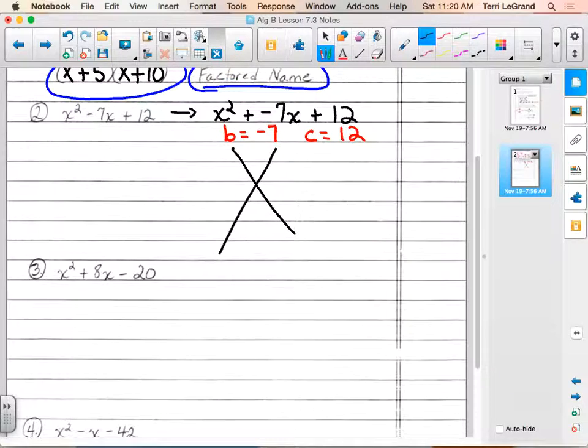And in our diamond, we put the c value up the top, we put the b value at the bottom, and we are looking for numbers that will multiply to be that c, and they have to add up to be that b value. So we're looking for what pair of factors of 12 will add up to -7.